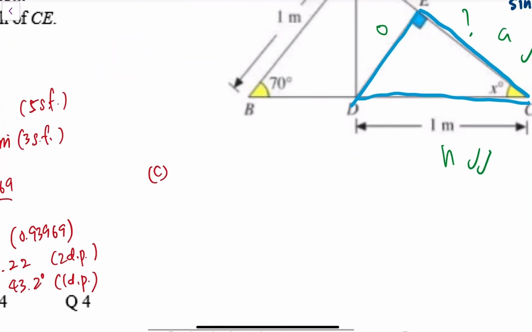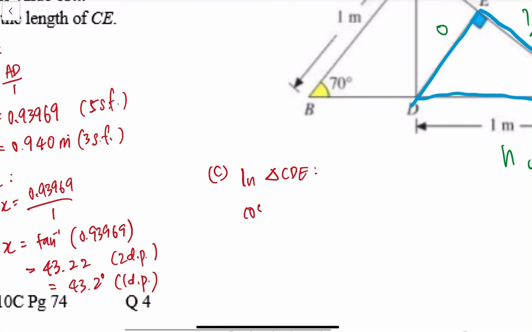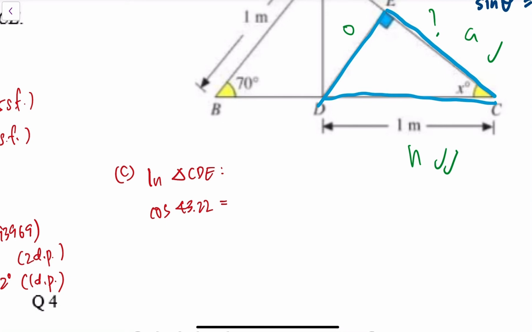So for C here it is cosine. Label the side first, the triangle. In triangle CDE, I need to use cosine X as, pardon the handwriting, cosine X equals CE over, right now I just fill in numbers. This is cosine 43.22. I use a less rounded off value, so it equals CE over 1.